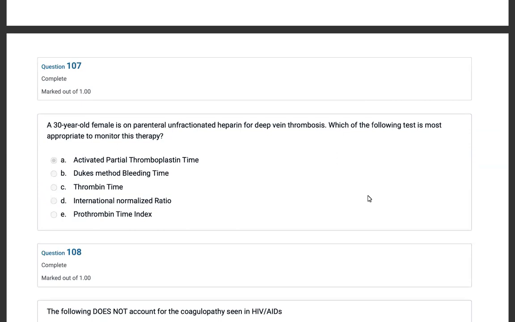So a 30-year-old female is on parenteral fractioned heparin for deep vein thrombosis. Which of the following is the most appropriate to monitor this therapy? If you want to do heparin monitoring, you normally use the monitoring for the intrinsic pathway, which is the APTT.